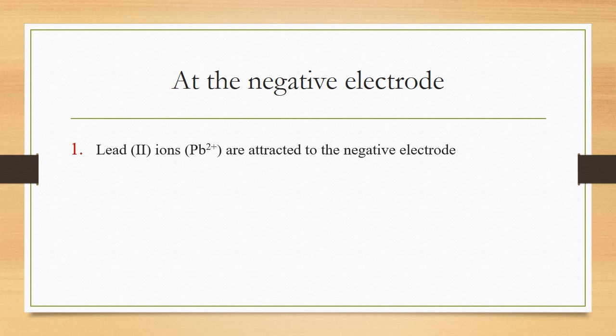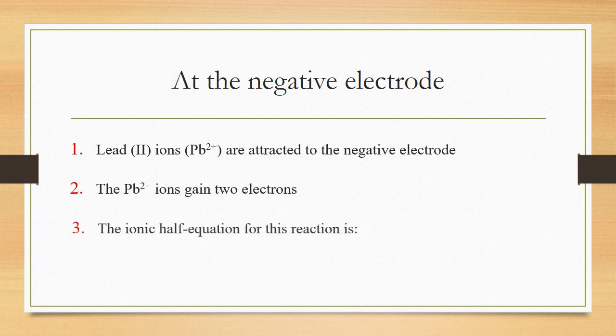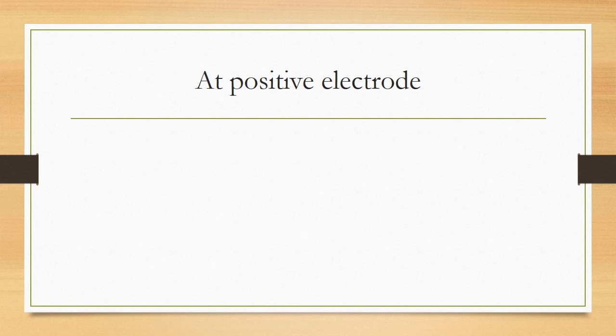Just reinforcing that, at the negative electrode, which is the cathode, the lead ions are attracted to the negative electrode. The lead 2 plus ions gain 2 electrons, and the ionic half equation is thus, which we've looked at in the previous slide. You're making lead by gaining electrons.